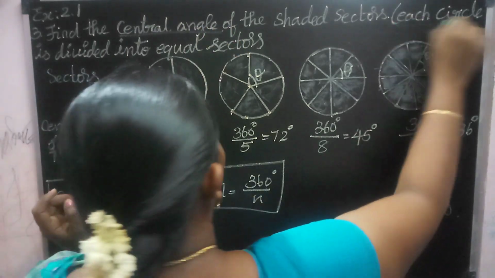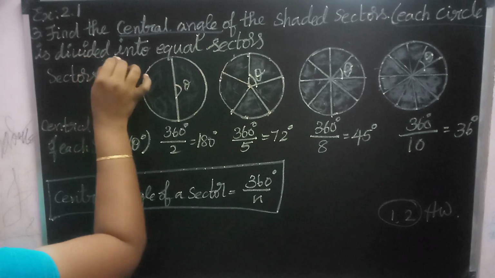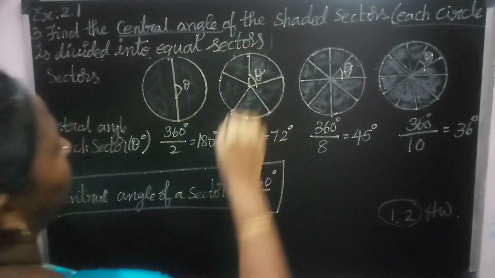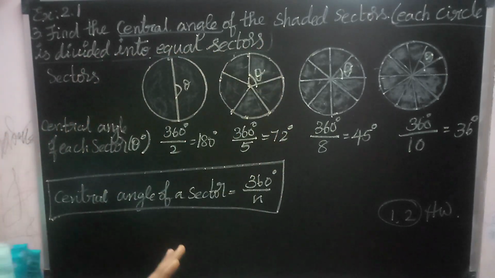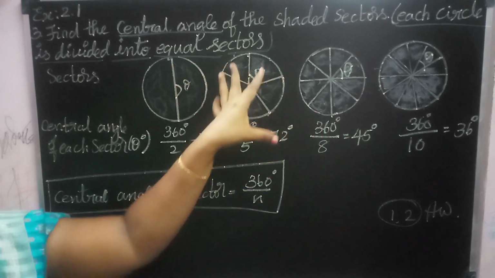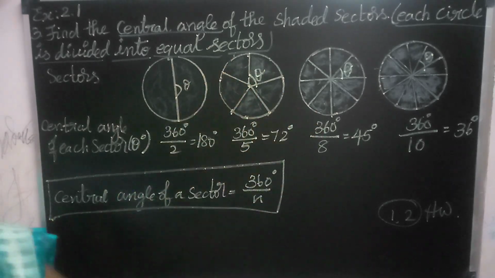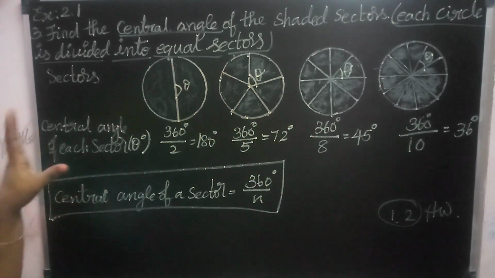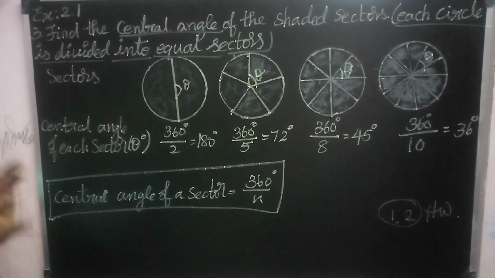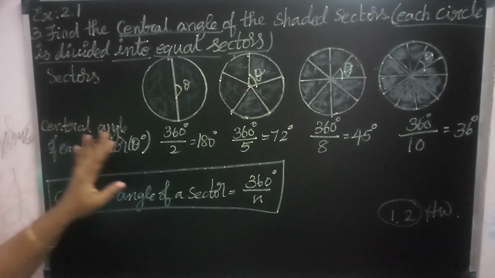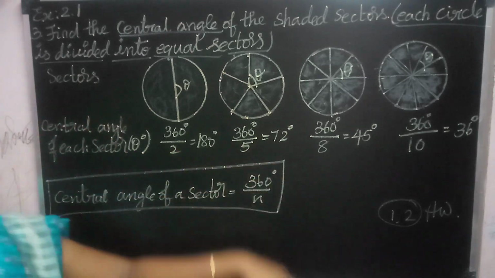Each circle is divided into equal sectors, so there are no sectors that are different. Each is an equal sector only. We are going to find the central angle of each sector.